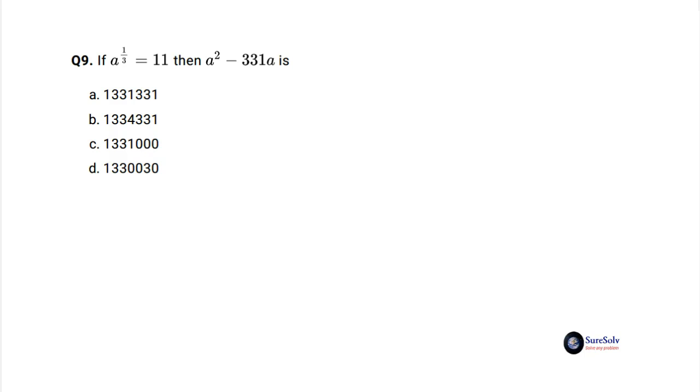Rather, following the general principle of algebraic expression simplification, we'll simplify the target expression first. We'll take a common to get the target expression as a into a minus 331. Now we have to calculate the value of a as a equal to 11 cube equal to 1331.